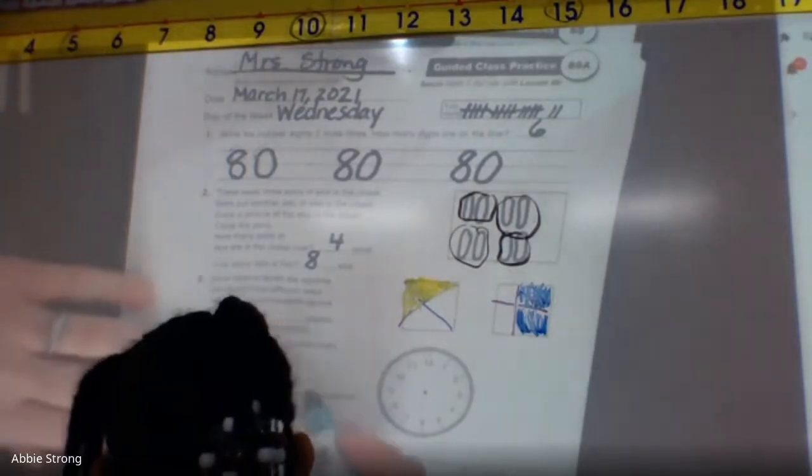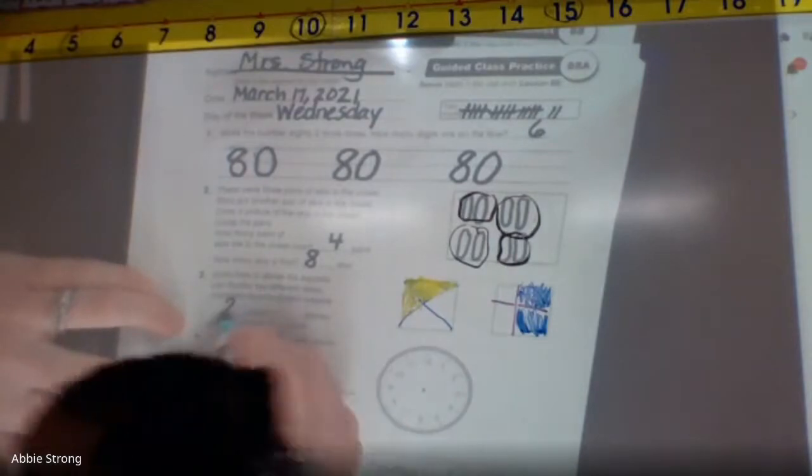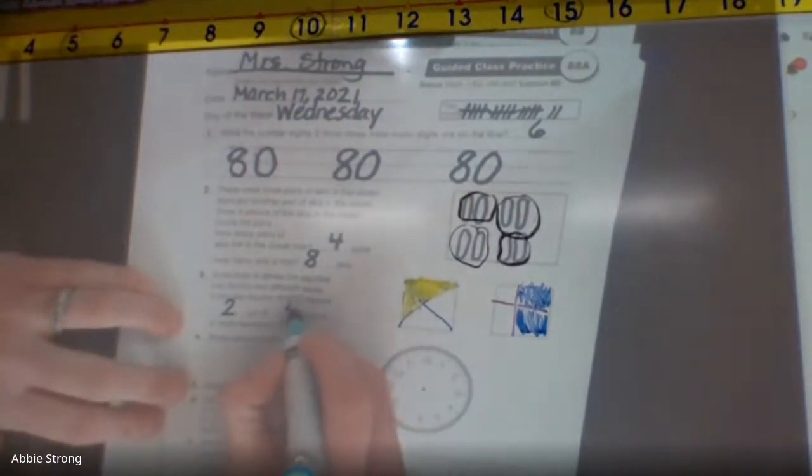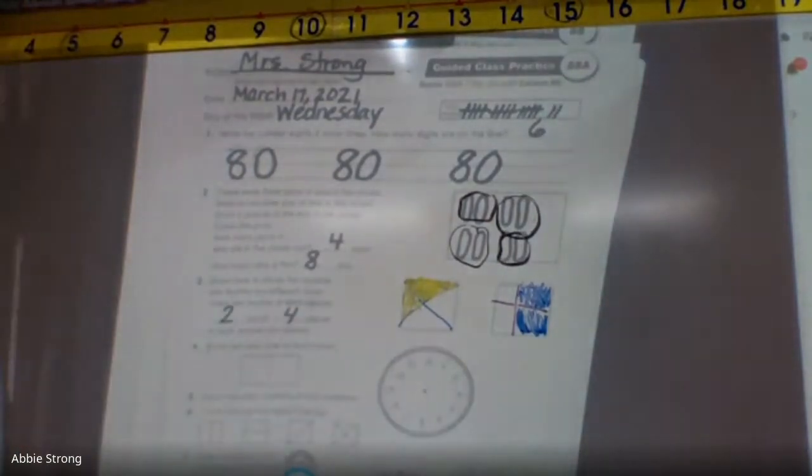So now it says we need to color 2 out of the 4 pieces. So we're going to write a 2 and a 4 in that part of our math paper. 2 fourths is the same as saying 1/2 is colored.